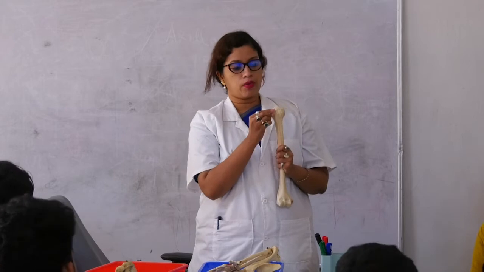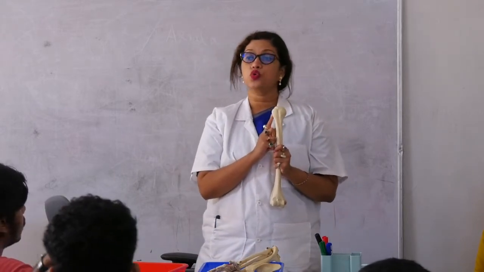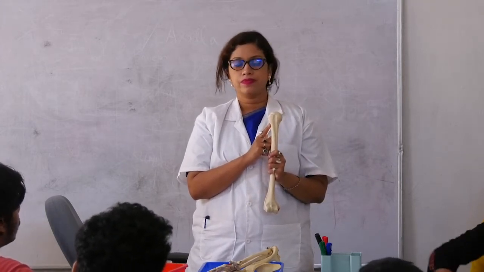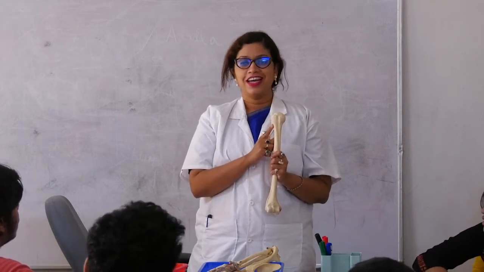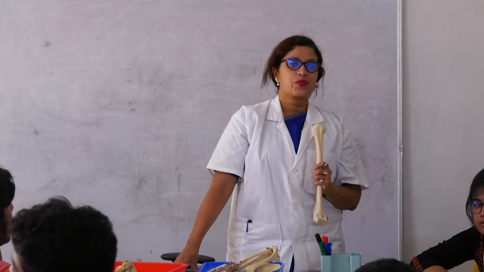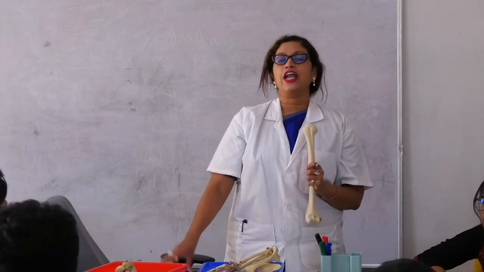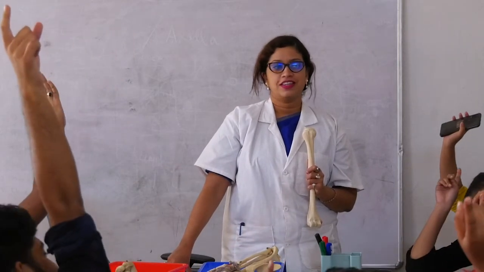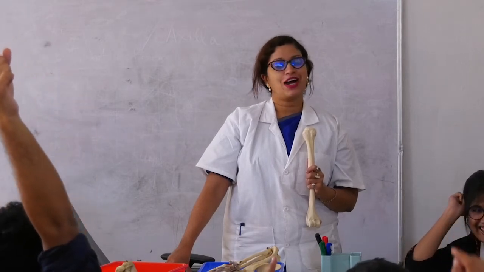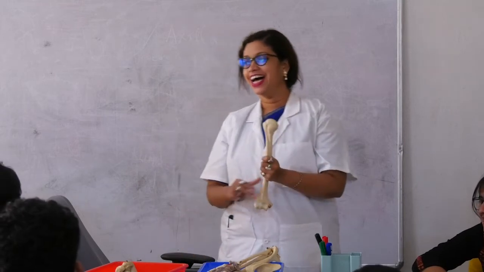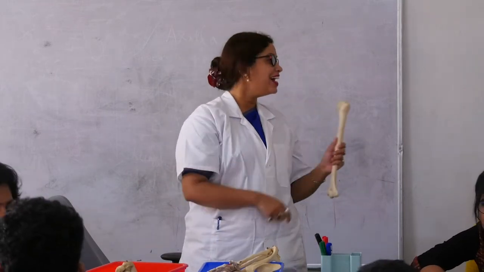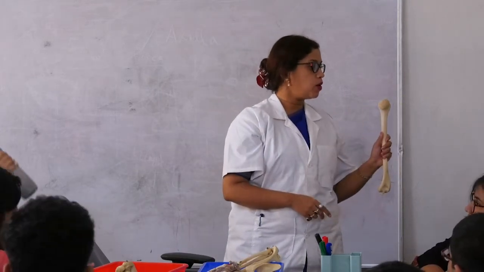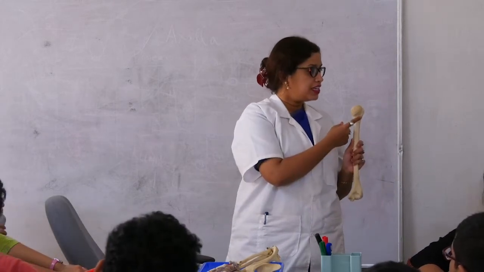There are three muscles: number one is supraspinatus, and the others.